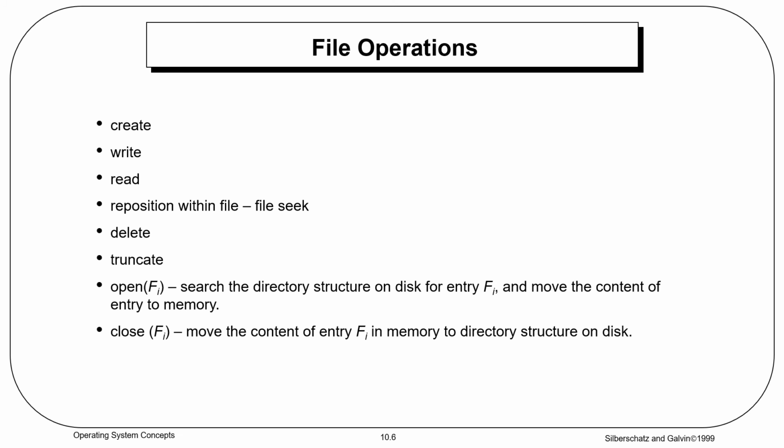Apart from these 6 basic operations, there are a few more common operations. That is appending new information at the end of an existing file, where we can add new data to the existing file, and renaming an existing file. These primitive operations can be combined to perform other file operations.